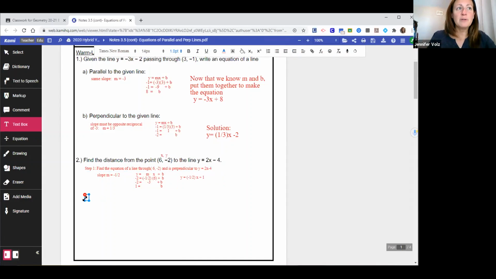Now, to figure out where the perpendicular intersects with the original line, I have to solve a system of these two equations together. That's why I told you this is really a 3-part algebra problem. Step 2, find the point of intersection between the two lines by solving a system.